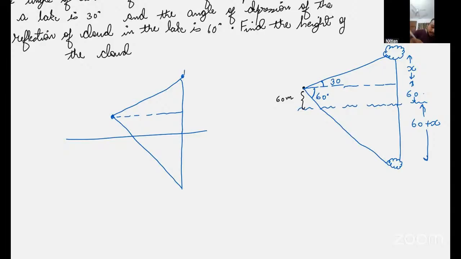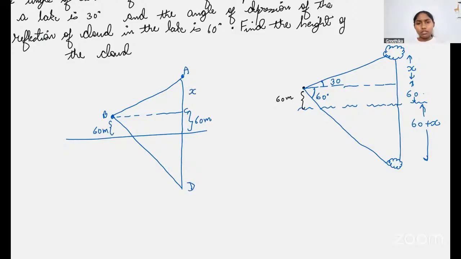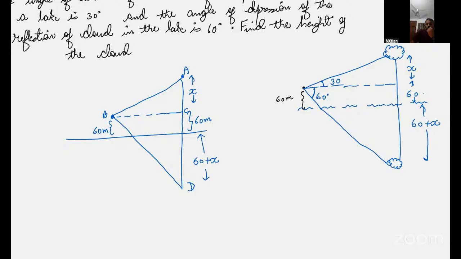This is A, B, C, or D. Sir, I have one doubt. We don't know the depth of the water, so how can we draw that reflection? We don't know how much we can go after.